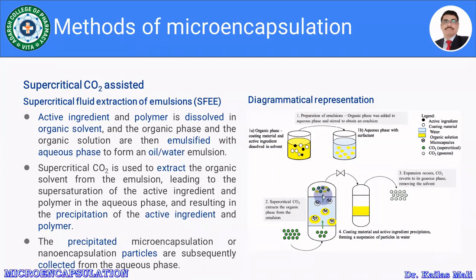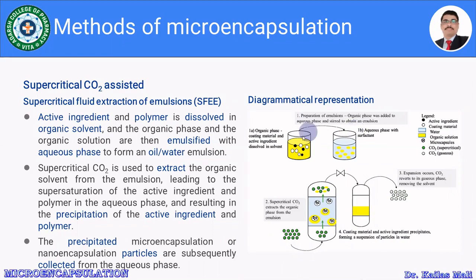The supercritical fluid is going to extract the organic phase from the emulsion, and thereby we get the microcapsules or microparticles. Furthermore, by reducing the pressure, the carbon dioxide, which separates the organic solvent from the emulsion system, is collected and the microparticles get separated.